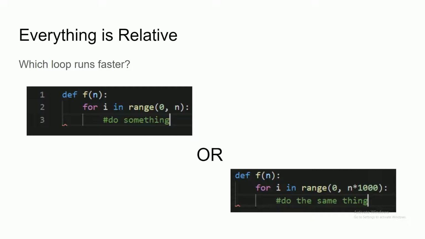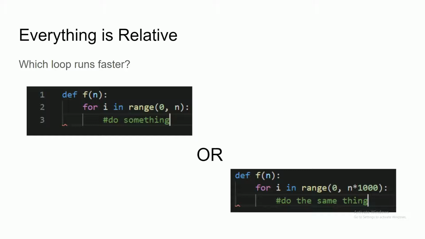If we want to analyze complexity, a better thing to do is look at what happens when we put in a certain input, see how long each of these will run, and then by how much the runtime will change if we change the input. So, for example, if we input 1 to both of these functions, where n equals 1, the top function will run through its loop once, and the bottom function will run through its loop 1,000 times.